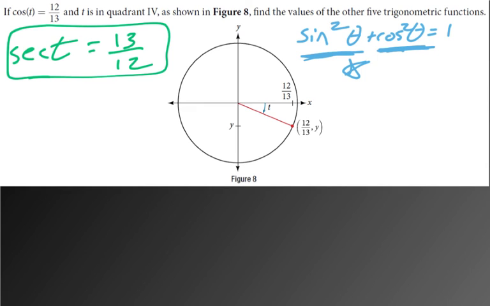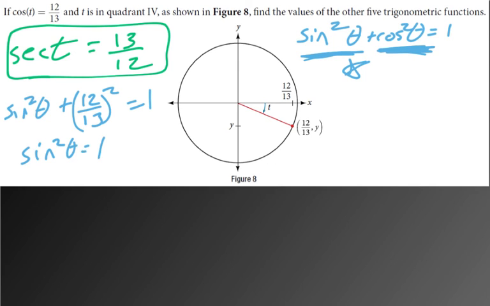And that's the trick here. Plugging in what I know, cosine is 12/13, so I'm going to have 12/13 squared plus sine squared equals 1. And so then sine squared is equal to 1 minus 144/169. So sine squared of theta is equal to 25/169, if you just do that out.